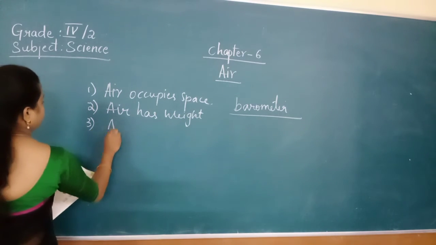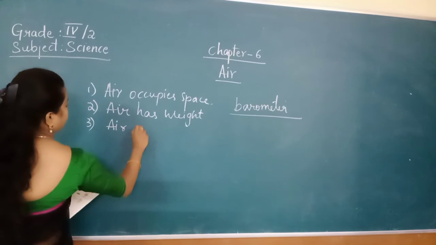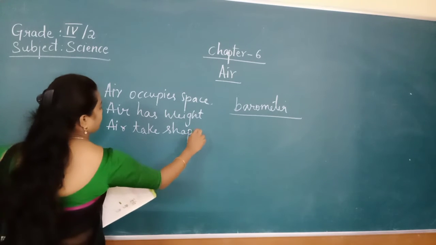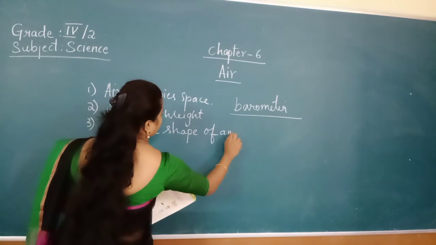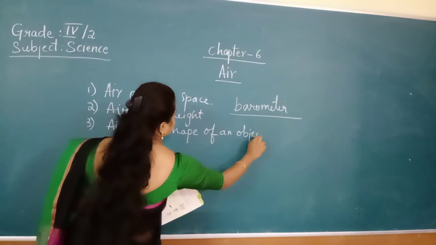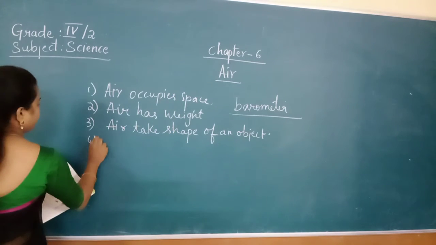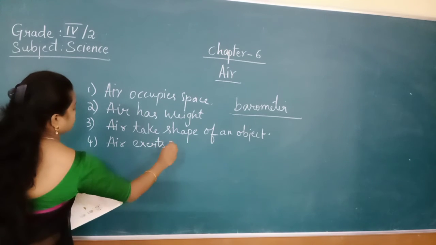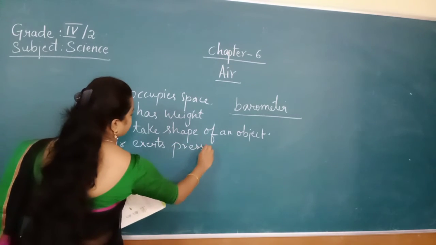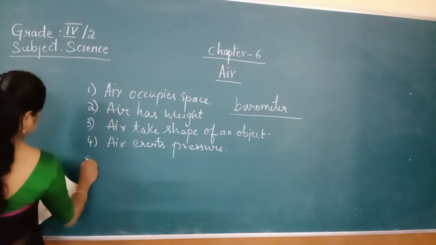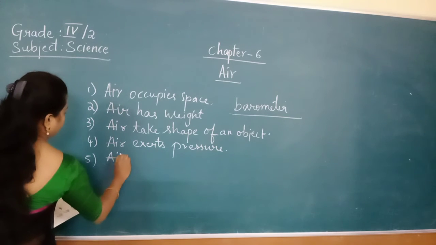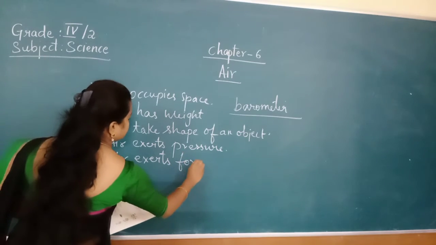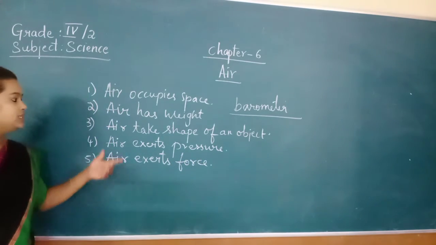Third one we have seen, air takes the shape of an object. Fourth one we have seen, air exerts pressure. Now the fifth one we are going to see, air exerts force. Okay children, these are the things we have seen.